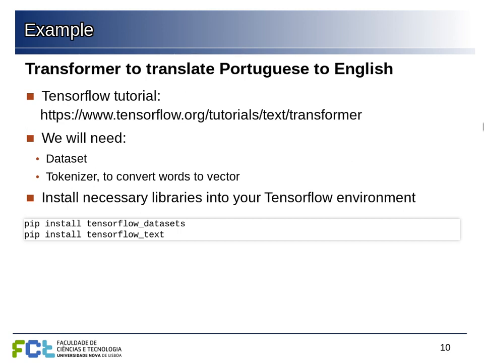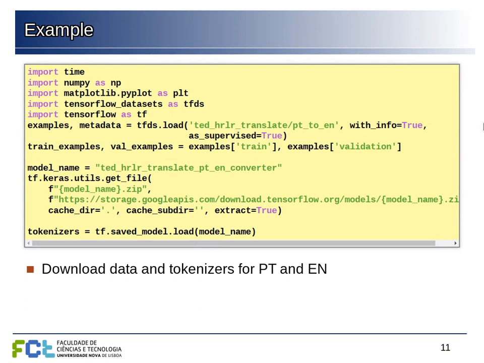You need to install the datasets and the text part of TensorFlow because you need the tokenizers and the datasets for the translation. But you can do this as long as you do it on the environment that you have TensorFlow installed. So this would be just to download the data and the tokenizers for Portuguese and English. Tokenizers are just these models that basically have a dictionary of the words.